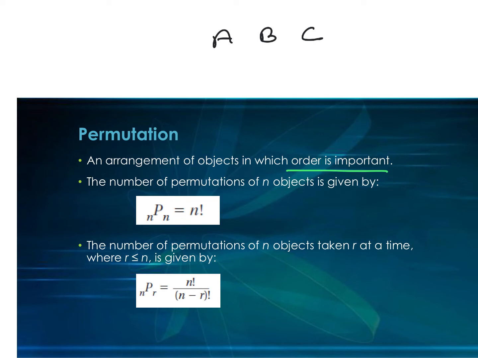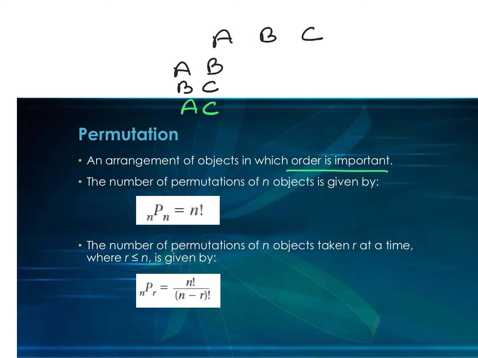So for example, I could choose A and B together. I could choose B and C together. Or I could also choose A with C.